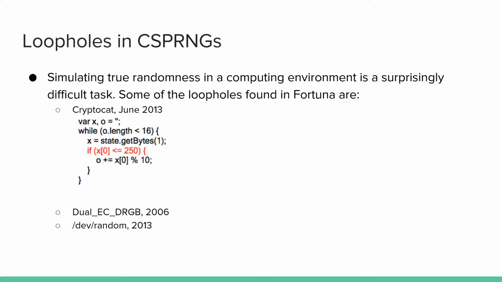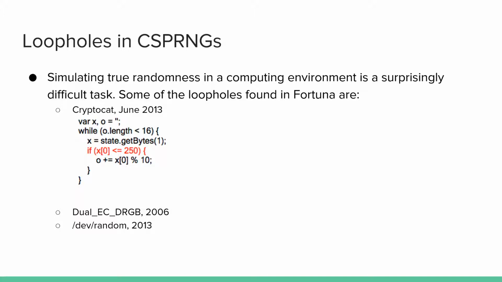But 2 researchers, Dan Shumow and Niels Ferguson, suggested that the algorithm possibly contained a backdoor which was inserted by the National Security Agency, NSA.